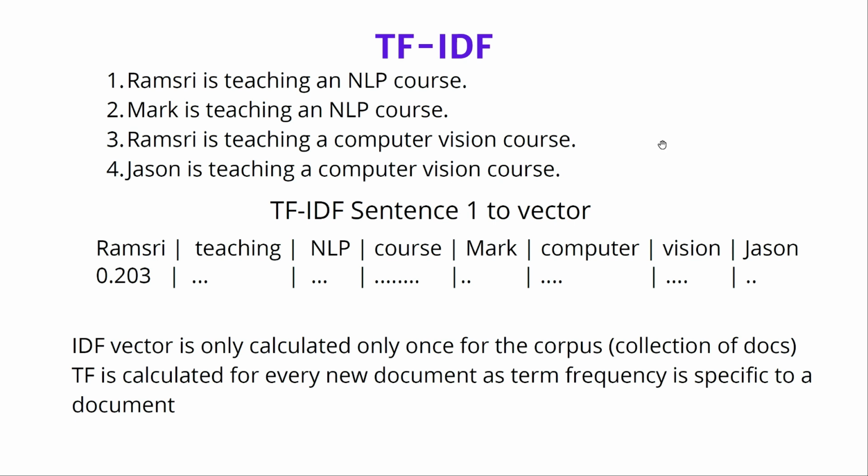Now, as I mentioned, this vector need not be just single words. Apart from single words, you can add even n-grams like bigrams, "Ramsri is", "Mark is", or even trigrams like "Ramsri is teaching", etc. So this vector could be not just unique words, but it can also be appended with unique bigrams and unique trigrams from the whole corpus.